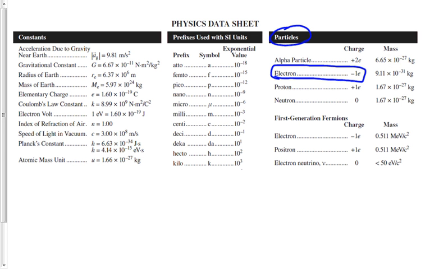Yeah, under constants, we see an elementary charge, which we don't even really know what that means yet. For now, just go with it. The elementary charge is 1.6 times 10 to the minus 19, but the electron is minus 1 times the elementary charge. So minus 1 times 1.6 times 10 to the minus 19. An alpha particle, which we won't even really learn what it is until our last unit, a couple of weeks before the end of class.